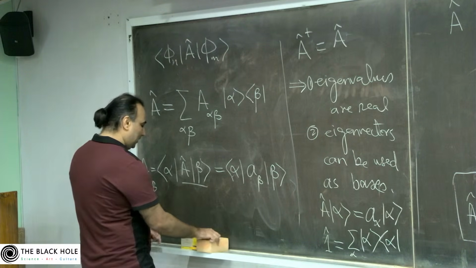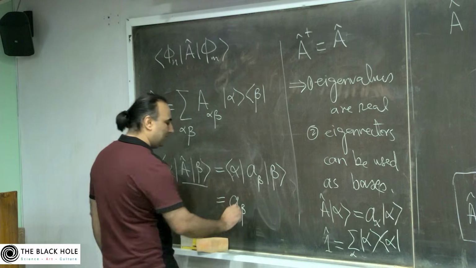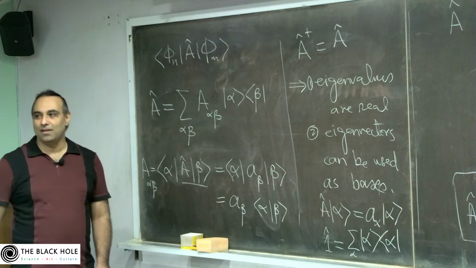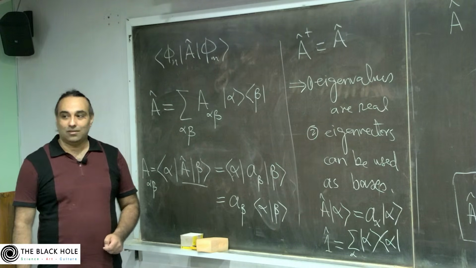So what we get now is A beta times the inner product of alpha and beta. Now what would this inner product be?